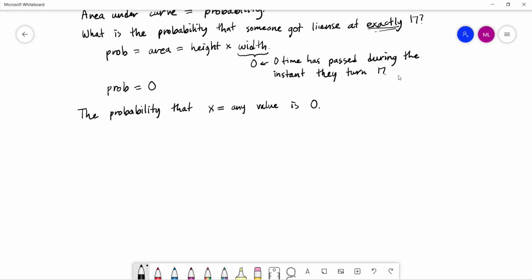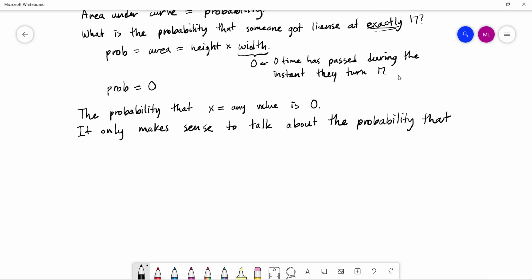So it only makes sense to talk about the probability that x falls into some interval.